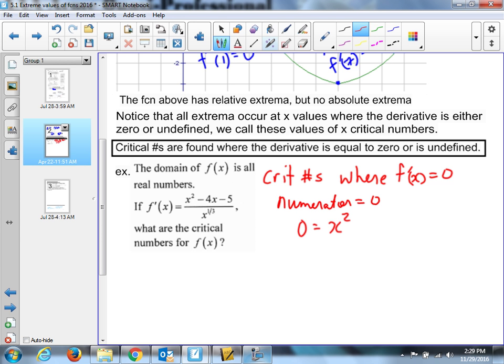And remember, we already had the derivative done. So x squared minus 4x subtract 5. I think you could solve this. I'll give you guys 30 seconds or so. It's factorable. Bracket, bracket.